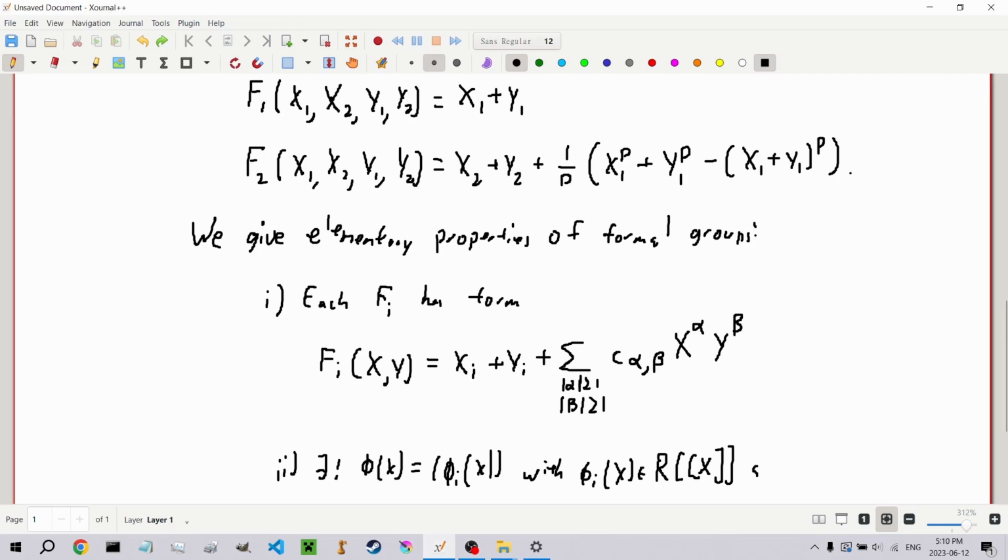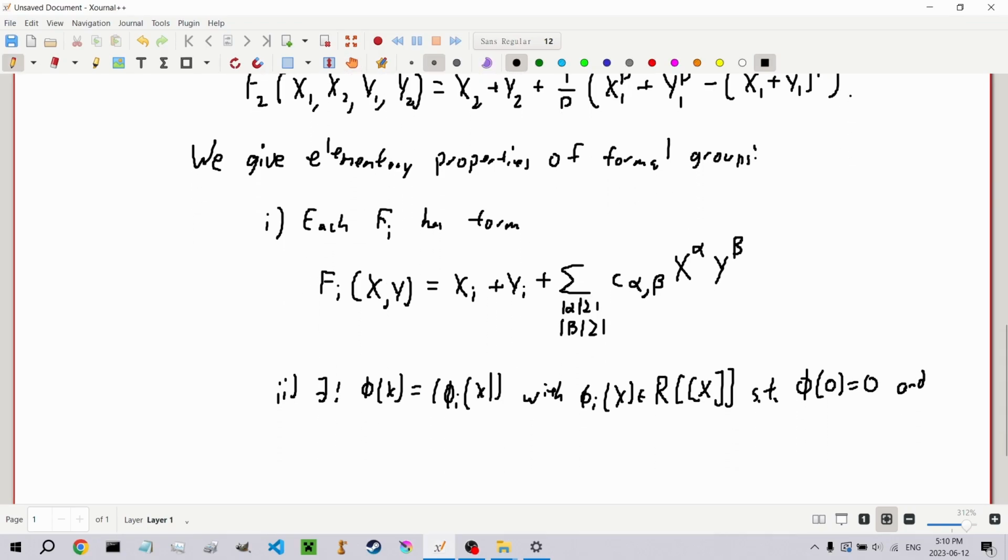So essentially no constant terms in any of the power series, and F of x and phi of x is 0.